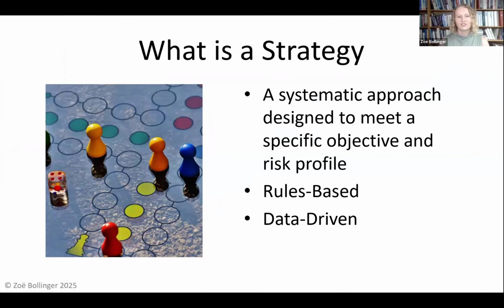So what is a strategy? A lot of these words get used different ways. When I'm talking about building a trading strategy today, what I'm usually thinking about is a systematic approach. It's something that has a set of buy and sell rules or position sizing rules that we are building to meet a specific objective. That often has to do with either a specific return profile, whether you want to beat an individual benchmark, or it could be around a risk mitigation profile.